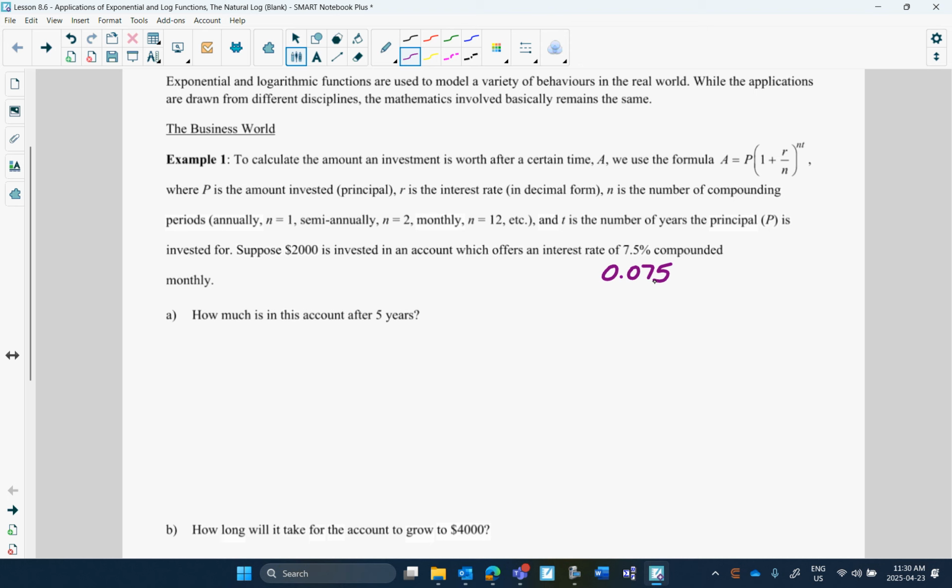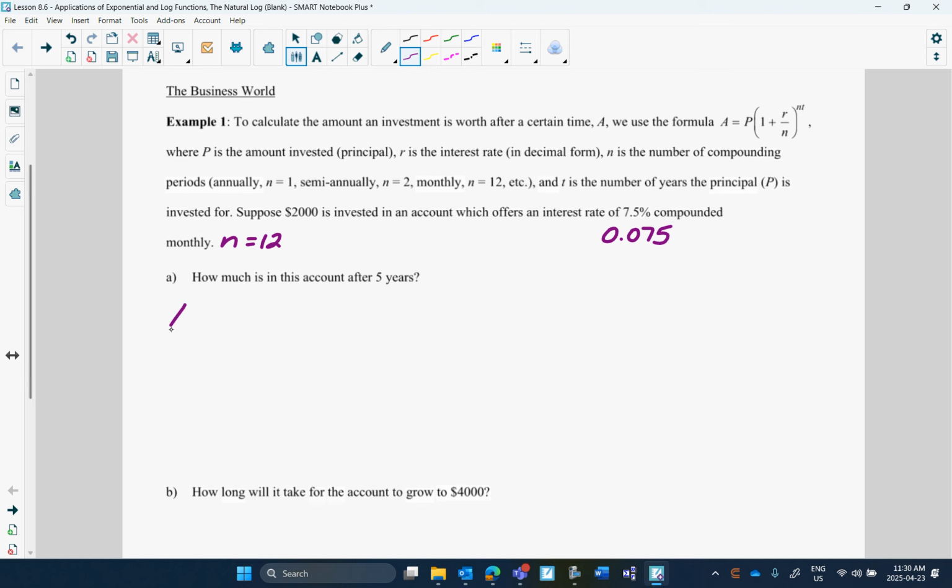Compounded monthly automatically tells me that N equals 12. Or what you may want to do when you set these things up is put in everything you know, one of those you don't know.